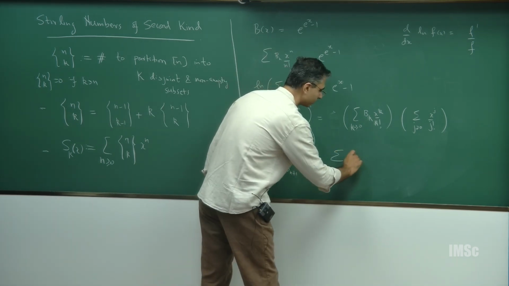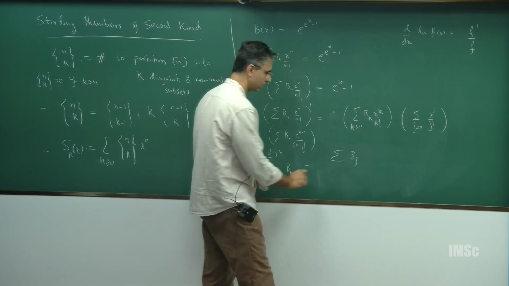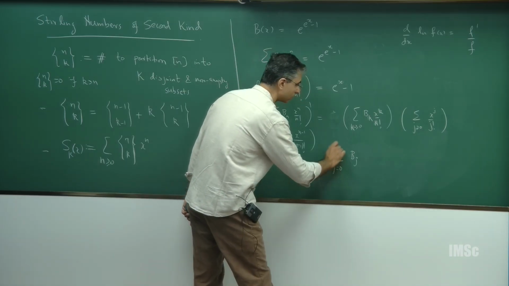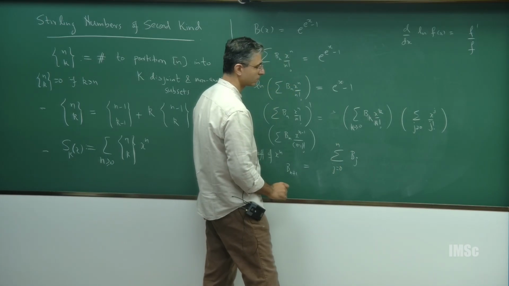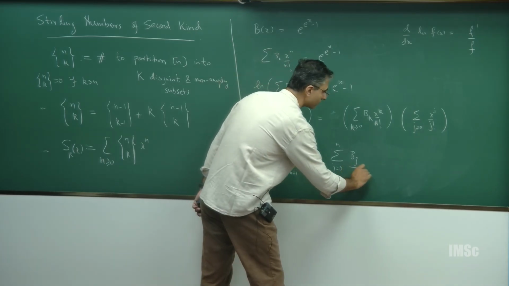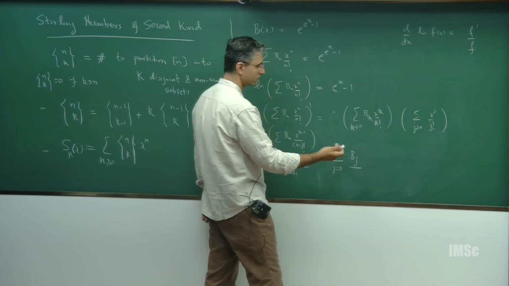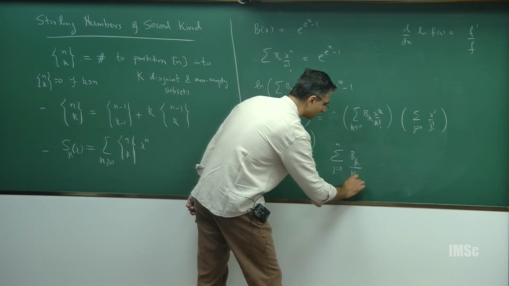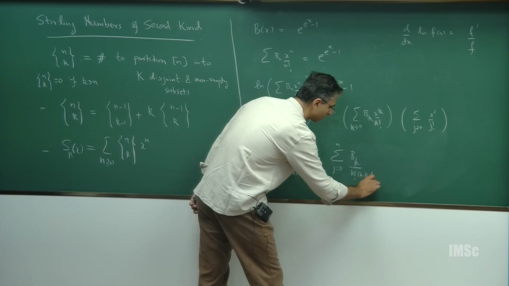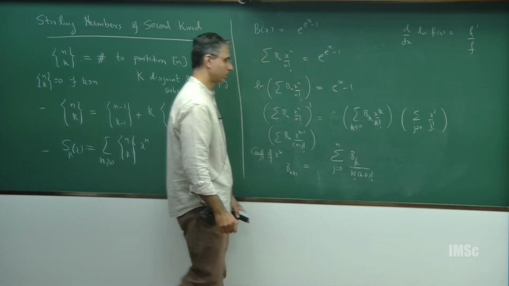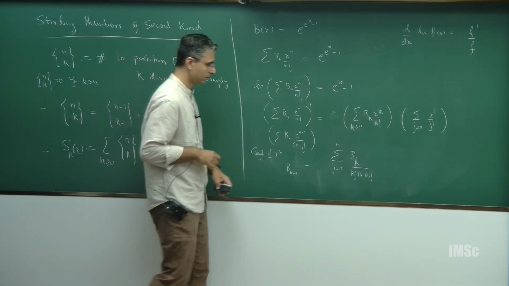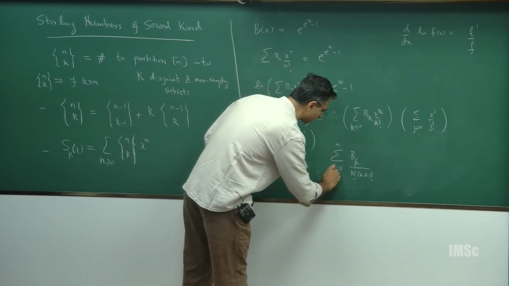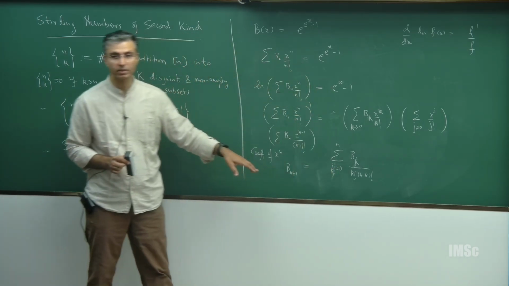So, it is a summation over bk. Do you understand this?